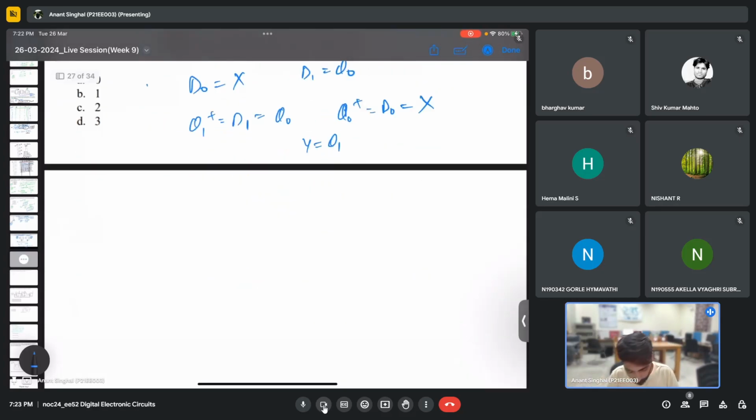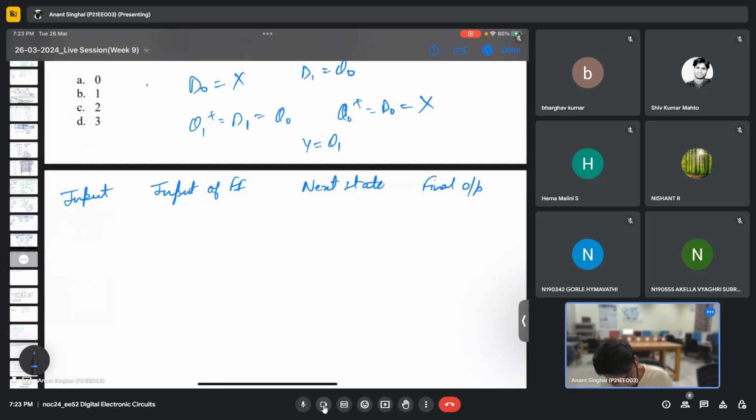So in the state diagram, what we need to have is the inputs. We can check the input of the flip flop. We can have the next state, and finally we can have the final output. So I will write all the things.